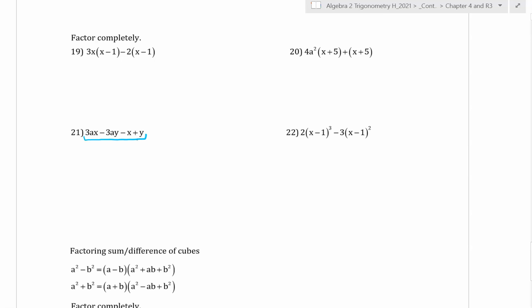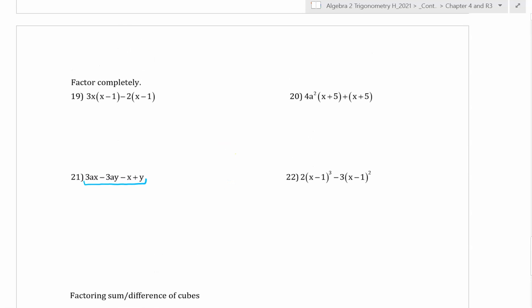The first thing I want you to do is think about, before we even do number 19, I want you to think about something. Let's say I had the quantity x minus 1 times the quantity x plus 2. If I were going to expand this, couldn't I do x times x plus 2, and then subtract 1 times x plus 2? Because I could say x times 2, then -1 times x, -1 times 2. So notice if I wanted to go backwards now and factor it, see how I have the same x plus 2?